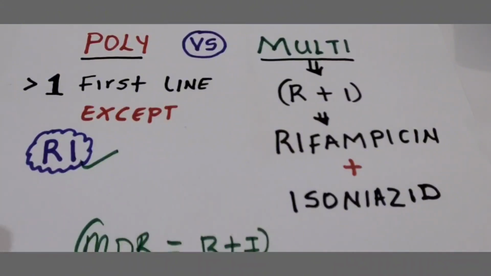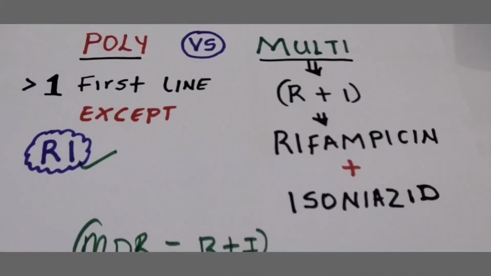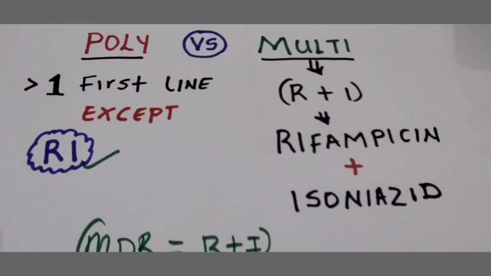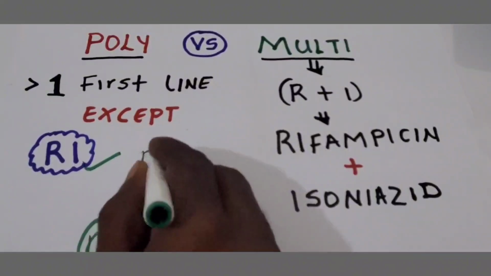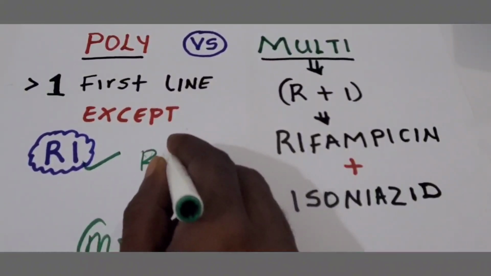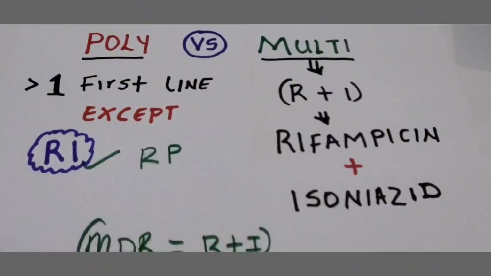So, for example, if we want to give an example for polyresistant TB, if we have rifampicin and, let me say, pyrazinamide, then that is polyresistant TB. As long as rifampicin and isoniazid are not together, then we cannot consider it as multi.